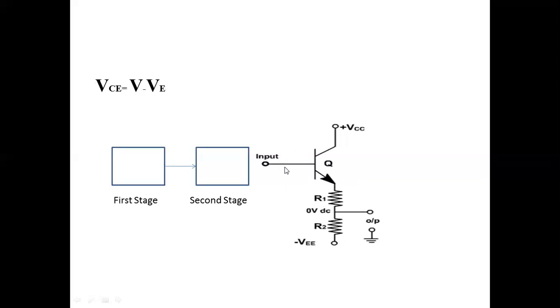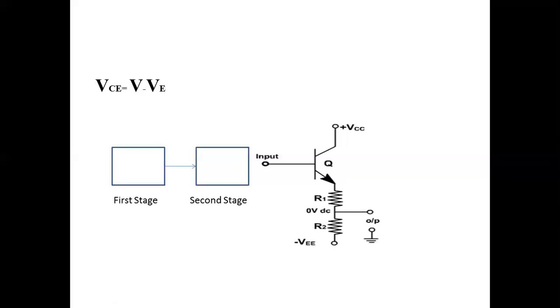Because of this DC component, VE is going to increase. Due to the increment in VE, VCE is going to decrease, and due to VCE decreasing, the Q point moves upward into the saturation region, and our transistor is not working as an amplifier. So our basic aim collapses.